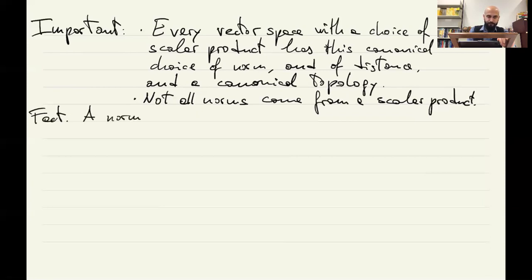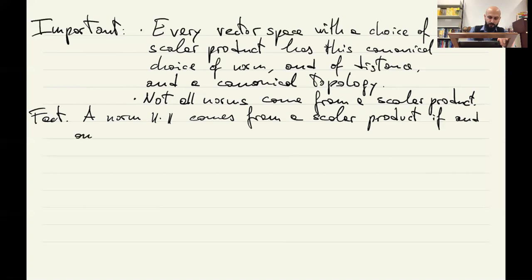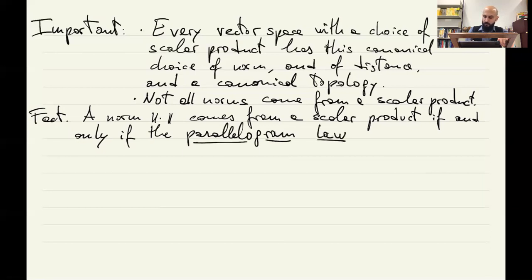A norm, let's call it as usual, comes from a scalar product. This terminology means there exists a scalar product whose associated norm is the norm we have if and only if the parallelogram law holds.